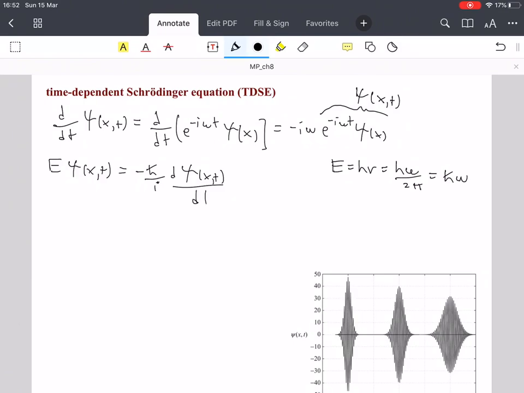We just got that from the equation above, substituting in that omega is E over h bar.